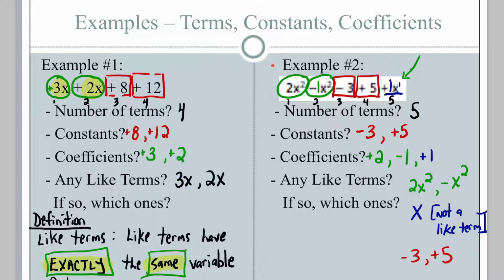As we move forward, I'll explain to you a little bit more in depth why they have the same variable, and it has to do with the power of exponents. But we will, for now, just conclude that these do have the same variable raised to the same power. And so once again, please remember to include the sign with each of the term. Include the sign.